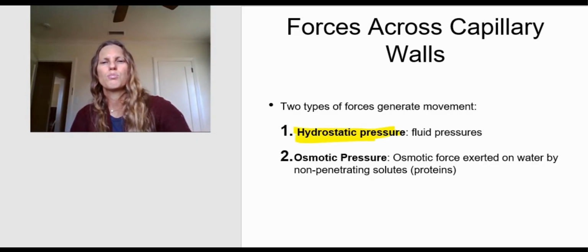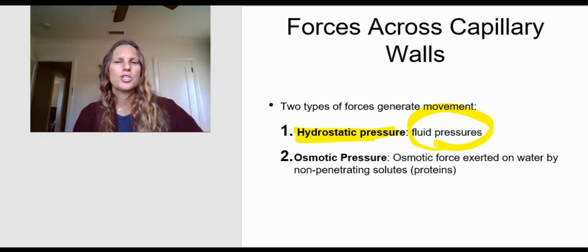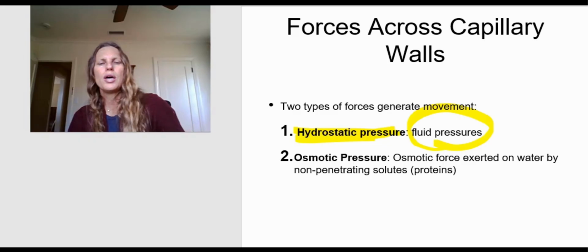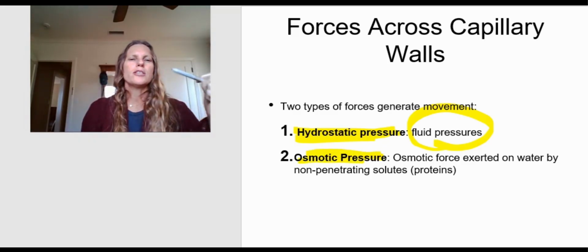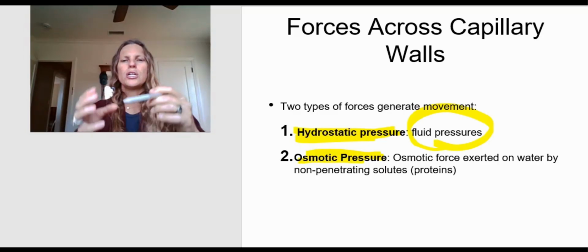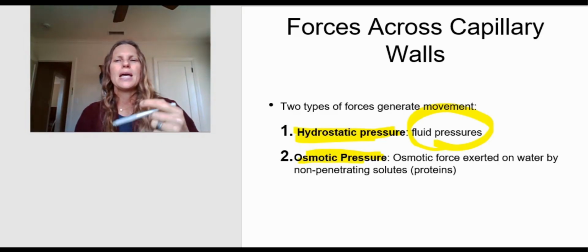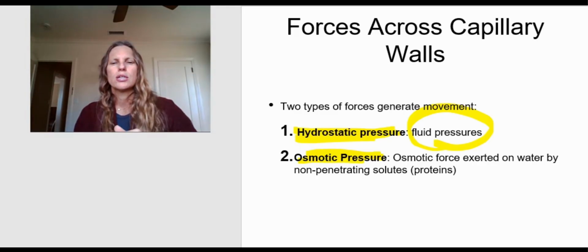Hydrostatic pressure is pressure generated by fluid, and I'm going to talk more about that in a moment. Osmotic pressure is the osmotic force that's being exerted on the water by non-penetrating solutes. So remember, water will always move towards where there is more solute.